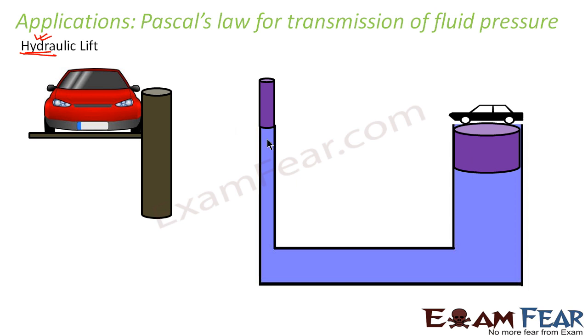This entire setup is basically a tube kind of structure which is filled with a fluid. There are two pistons attached here and here. Pistons mean we can apply force here and we can move the pistons along this surface, along the neck of the tube.